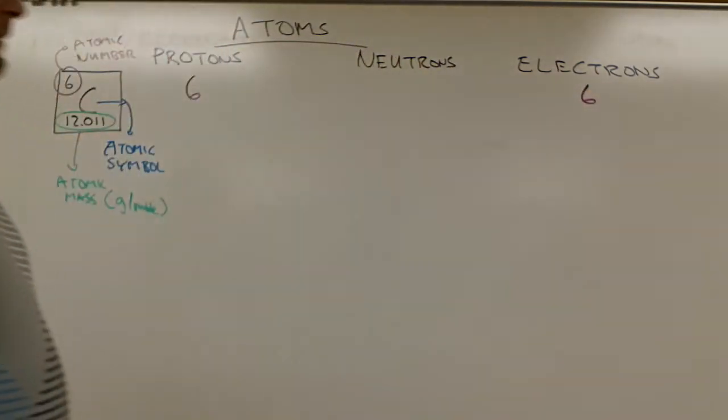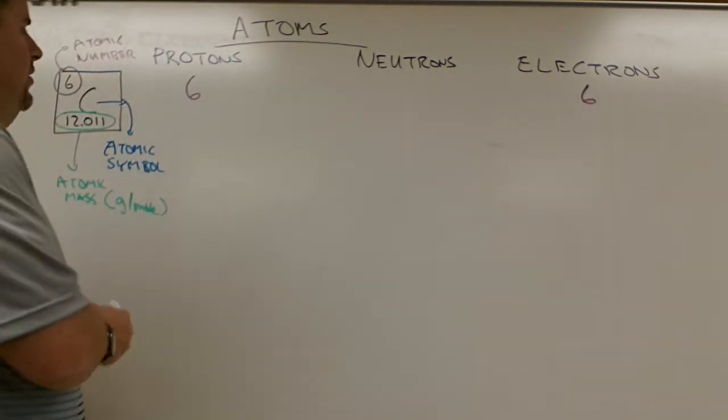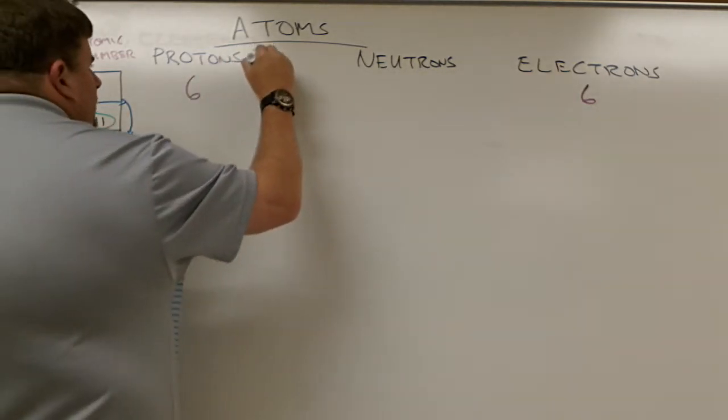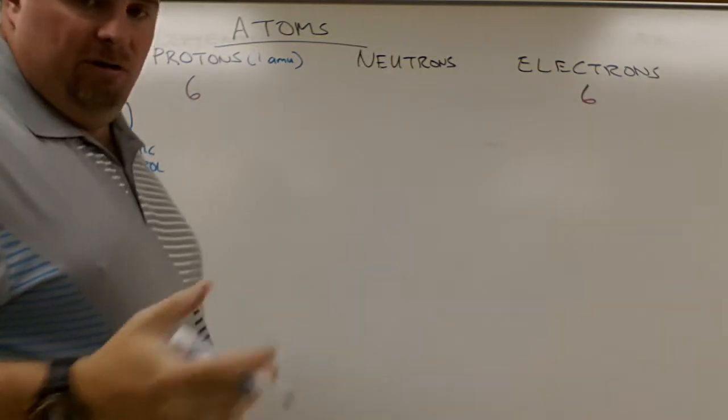And how am I going to find the number of neutrons? Well, neutrons weigh the same as protons. So a proton here weighs 1 AMU, an atomic mass unit. A neutron is going to weigh the same.